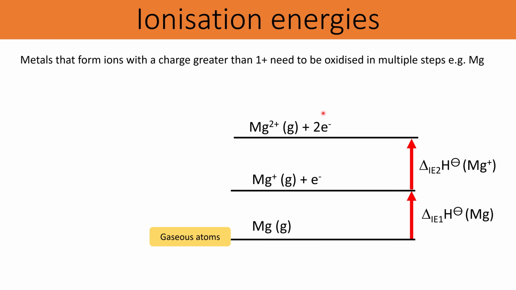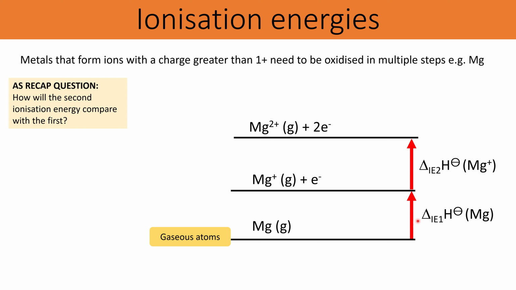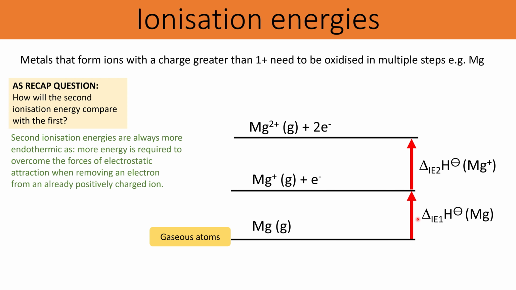So as part of that whole structure that you've just seen, that's how we'd show the second ionisation energy if it was required. You'll also notice I've drawn this arrow slightly larger than the previous arrow, and that's because second ionisation energies are always a little bit more endothermic than first ionisation energies, because you're removing an electron from an already positively charged ion.